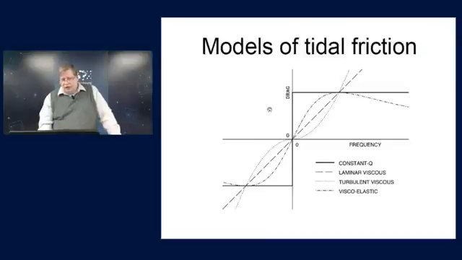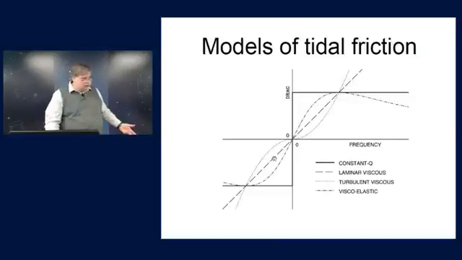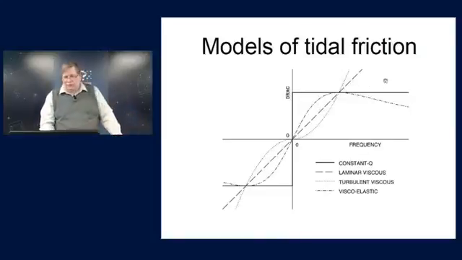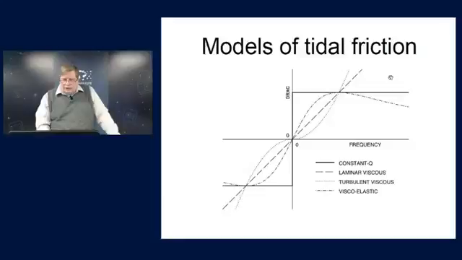For example, for most tidal models, you have to Fourier analyze all the different components and frequencies that occur in the problem. And for the viscous model, you don't. It's analytically much simpler. But that doesn't mean that it's realistic. In fact, you could imagine a turbulent analog where the drag force is proportional to the square of the frequency, as happens, for example, with eddy viscosity in a fluid.